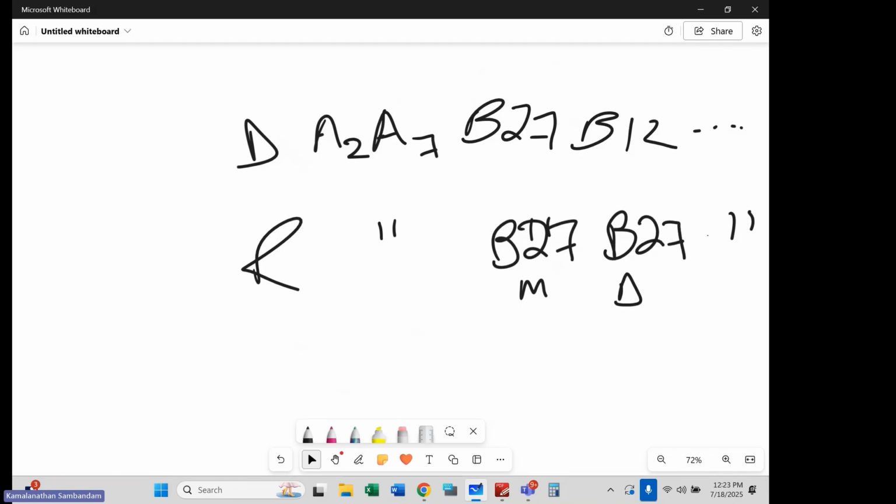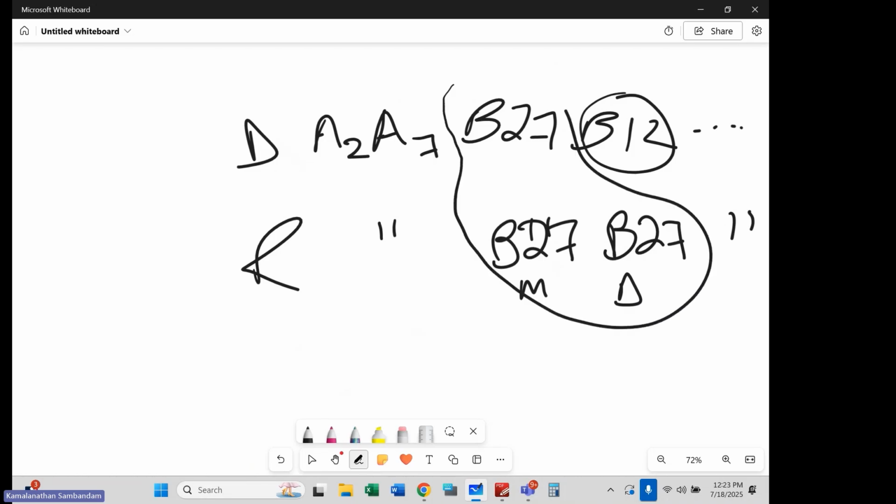Okay. So even though this individual does not have a B12, I'm not having incompatibility because, again, this recipient is sharing this B27.